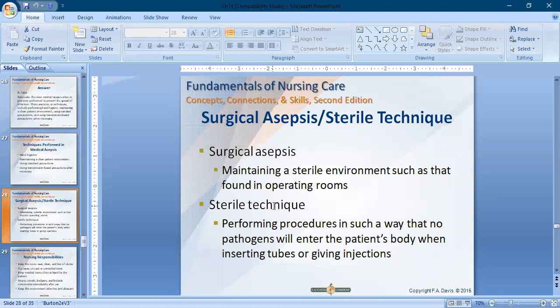Sterile technique is performing a procedure in such a way that no pathogen will enter the patient's body when inserting tubes or giving an injection. That is called the sterile technique, right?